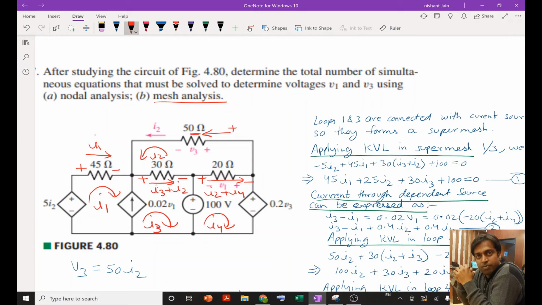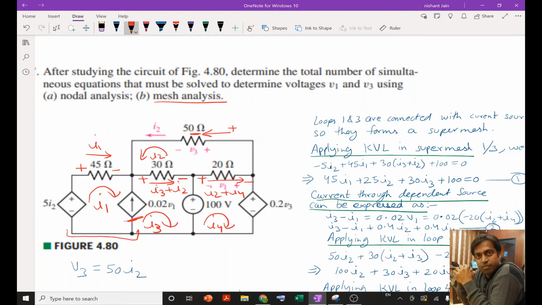Now after assuming the currents and mentioning the polarities across each and every resistor, I can write the KVL for each and every loop. Now if I try to write a KVL for loop 1, you can see that there is a dependent current source involved, and whenever there is a current source in any branch of the mesh, then we cannot apply the KVL.